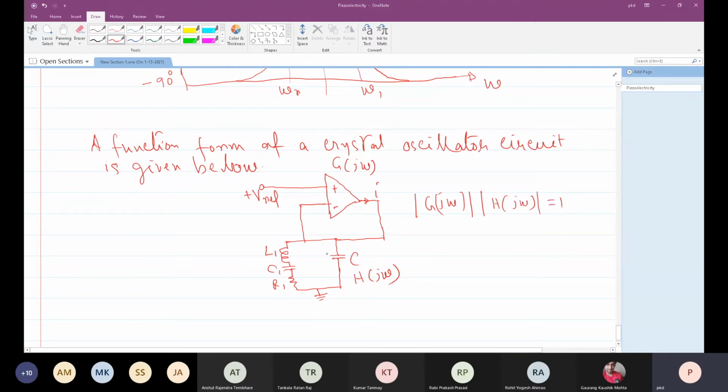So this needs to be satisfied for the oscillator.